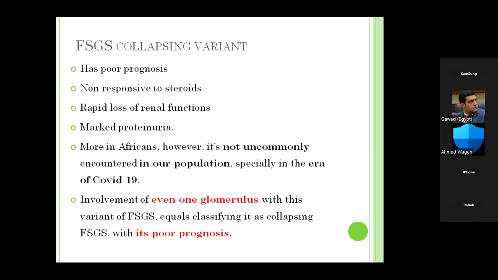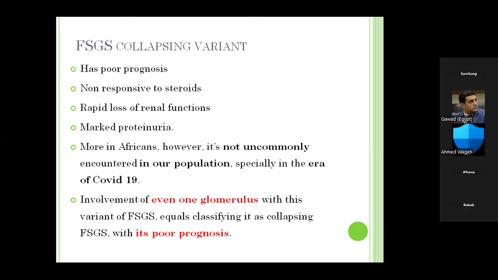The collapsing variant is known as being of a poor prognosis with non-response to steroids and rapid loss of renal functions with marked proteinuria, which is a very important clue in the clinical data that we receive, because I should say that we could have partial collapse in focal segmental glomerulosclerosis and not totally collapsing features in a case.